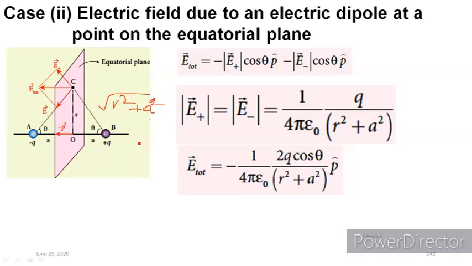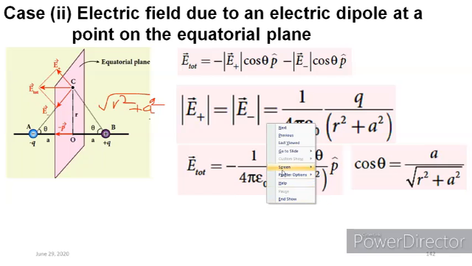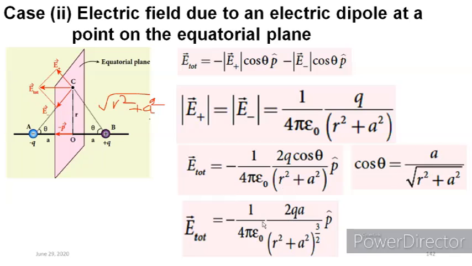Now substitute the value of cos theta in this equation, then you will get minus 1 by 4 pi epsilon naught 2 into q into A by, here you have power 1 and here you have power 1 by 2, isn't it? 1 plus 1 by 2 is 3 by 2. So 2qa by R square plus A square power 3 by 2.